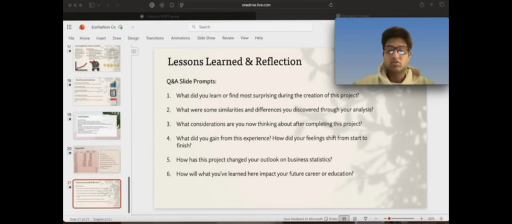Shirts performed strongly and consistently all year, while jackets depended heavily on seasonal demand, whereas pants fell somewhere in between seasonal demand and consistent all year. The ANOVA results confirmed that these differences were statistically significant rather than random variations.